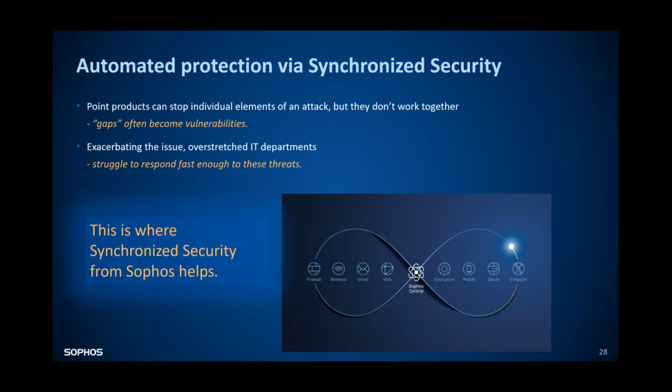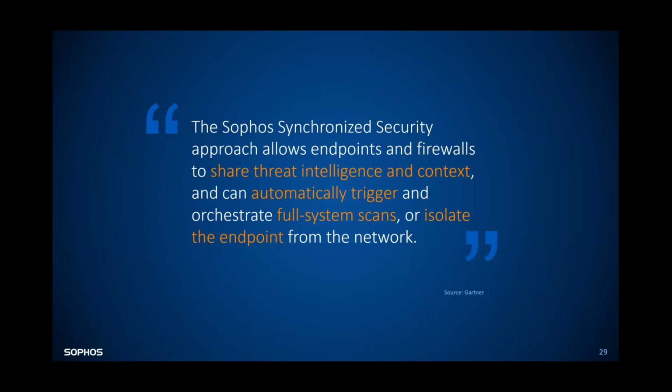So it really helps you as overstretched IT staff to automatically manage that response to a new threat. And this has all been backed up by Gartner, who very much think this is the way forward, a systematic approach to security where you can trigger scans based on something that the endpoint's told you or something you've seen at the network, etc. So it's something that Sophos has had out for some time now. It's becoming more and more popular as people look to automate a lot of the response to this.